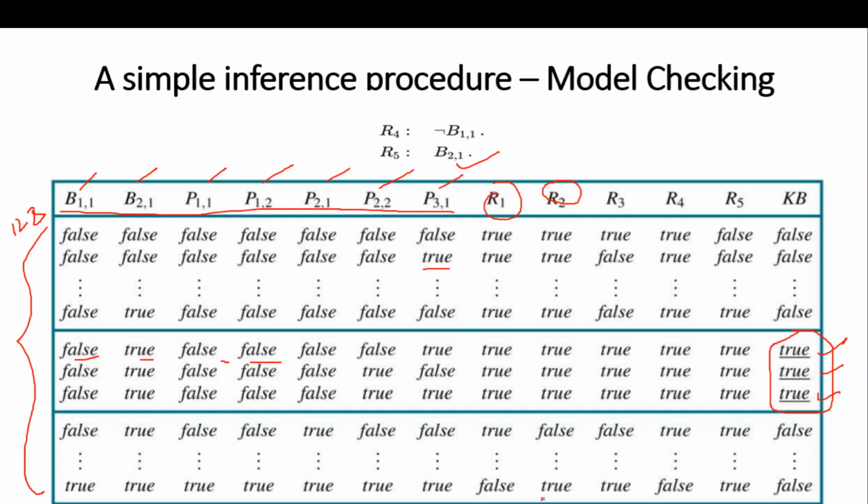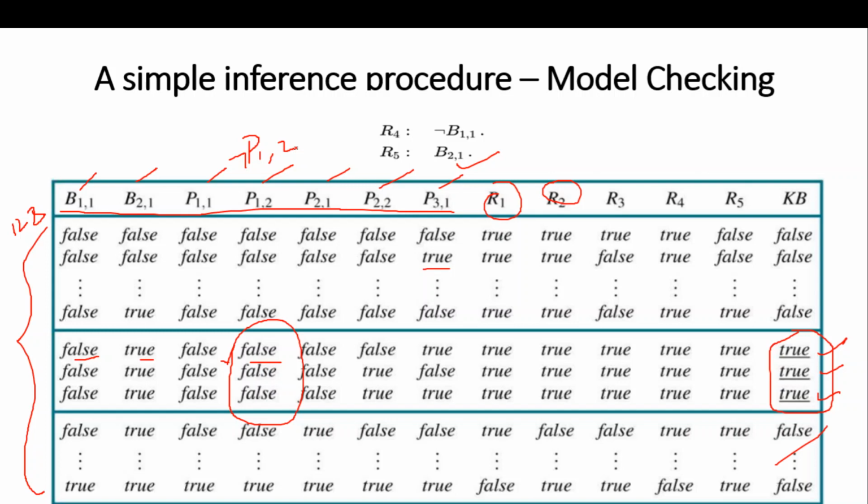And wherever KB is true, in all these places P1,2 is false, which means not P1,2 is true.